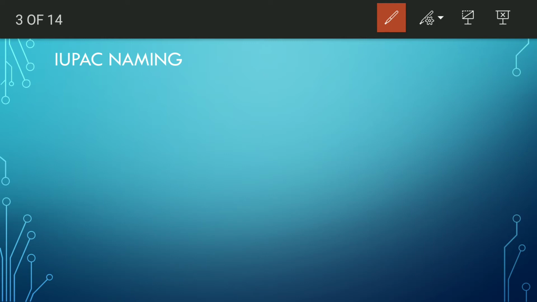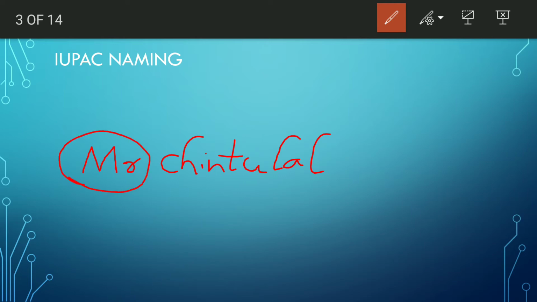So if I have this, right, this is the general name of any person. If we write the name of any person, we would find a prefix, a word root and a suffix.